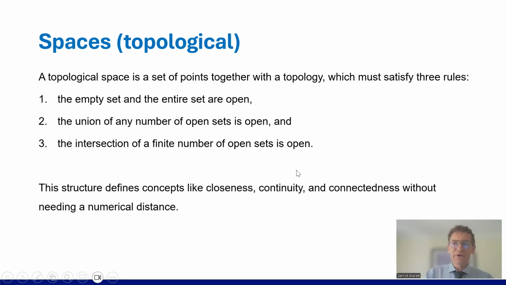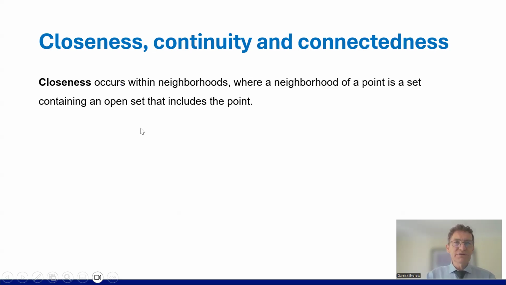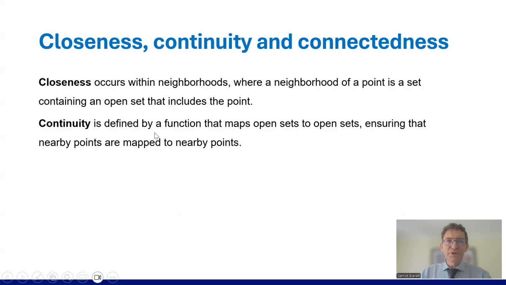So we're now going to look at these three things. So closeness, continuity, and connectedness. Closeness occurs within neighborhoods. So we've got a dot and a bunch of dots around it in terms of points, where a neighborhood of a point is a set containing an open set that includes the point. Continuity is defined by a function that maps open sets to open sets, ensuring that nearby points are mapped to nearby points.